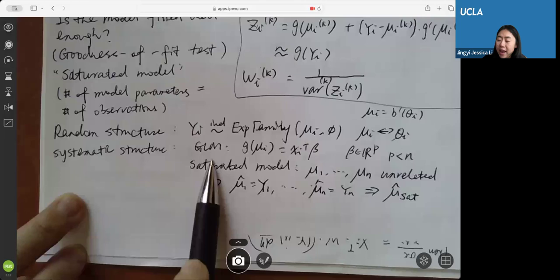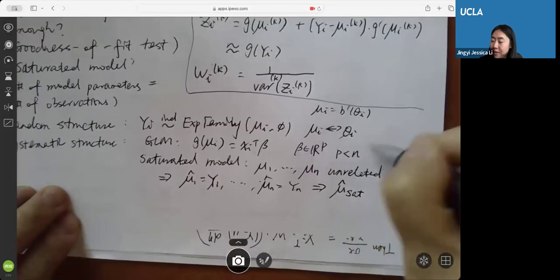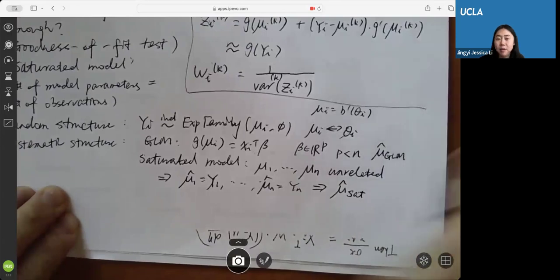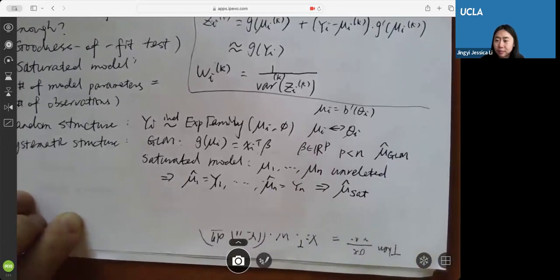For the GLM, we already have mu hat GLM from the MLE. What is that?